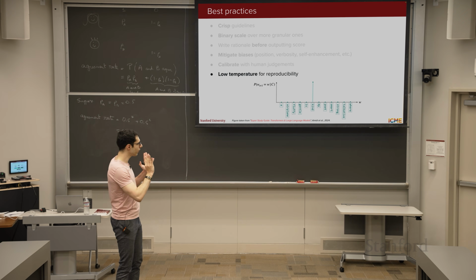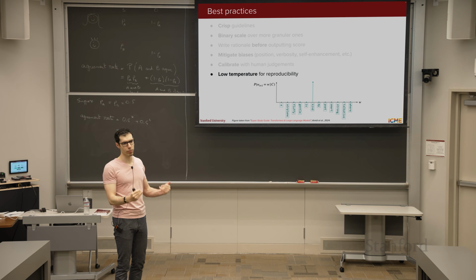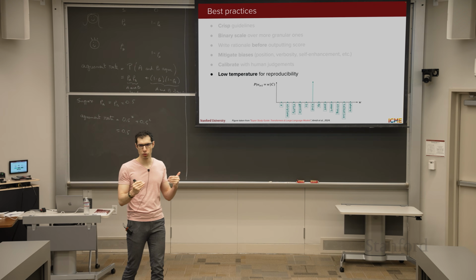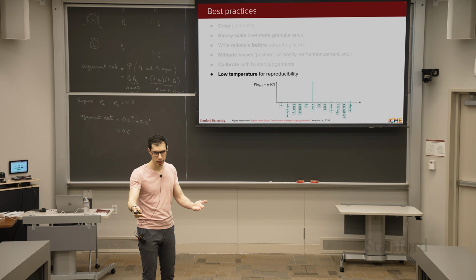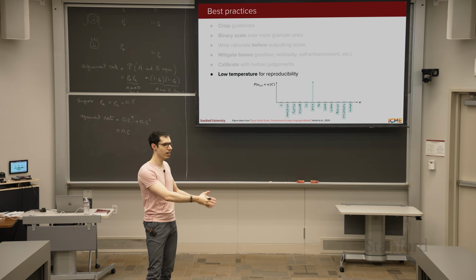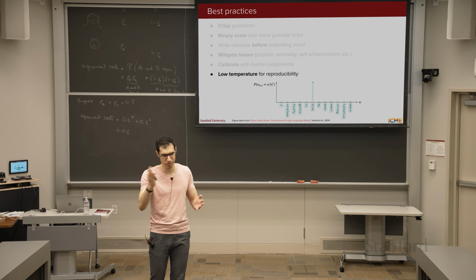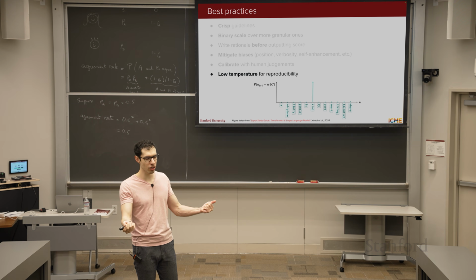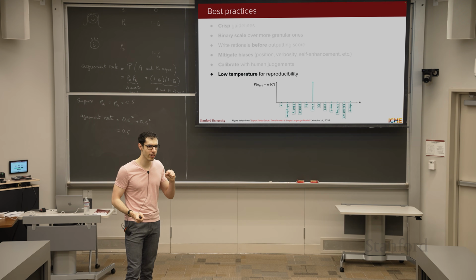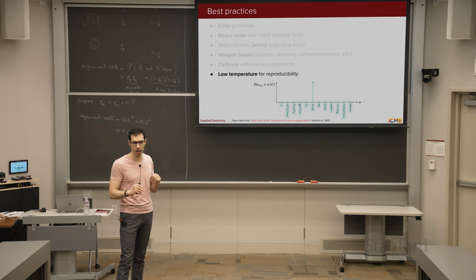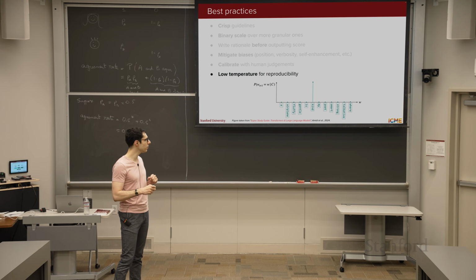You will see that for evaluation tasks, people use a low temperature because they want to make their evaluation experiments reproducible. Let's imagine you do one evaluation and then you do another one, let's say 2 days later. You don't want the scores to be super different. So you will see a temperature value of something like 0.1 or 0.2. These are very common values that people take.